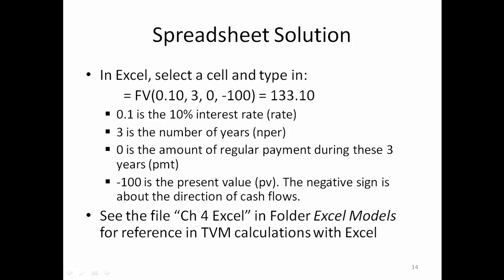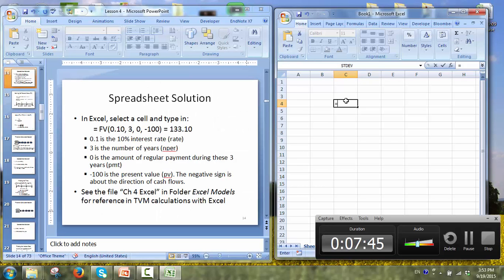In Excel, we can get the future value result this way. I can type in equals FV, then you see that Excel pops up some hints for you, so we just need to input the variables as hinted. The rate is 10%, so I just put 10%. NPER means number of periods.